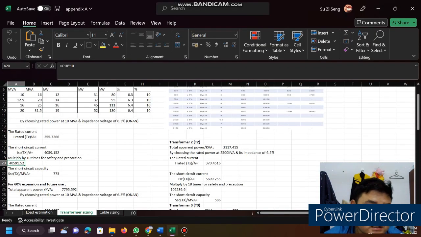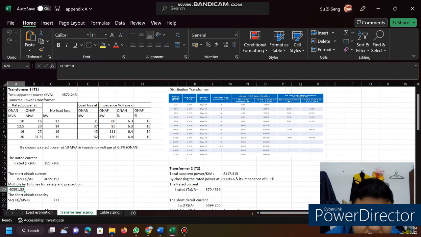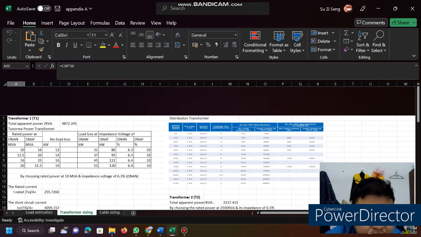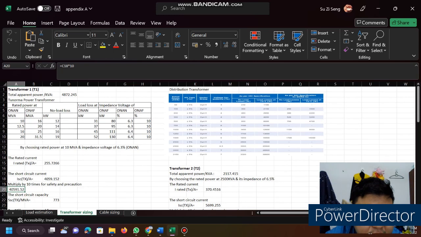This is our calculation for the transformer sizing. We apply the formulas for rated current and short circuit current, and multiply the short circuit current for safety and precaution to get the short circuit capacity.